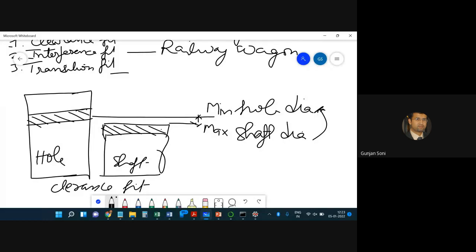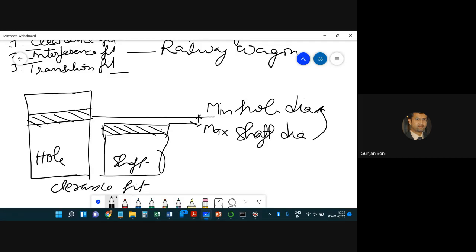Anything else? I think this is the primary condition to achieve a clearance fit, or not? Any doubts? No, sir.